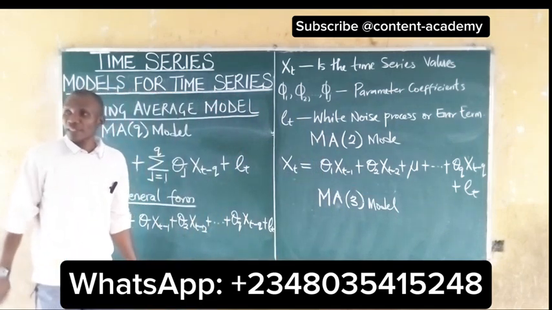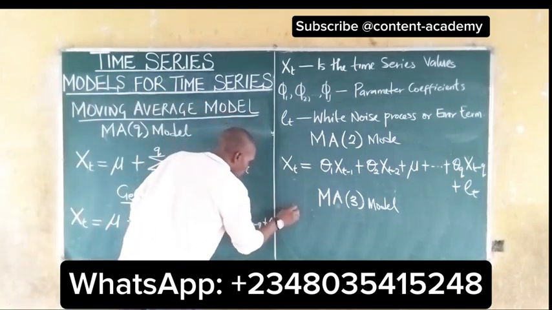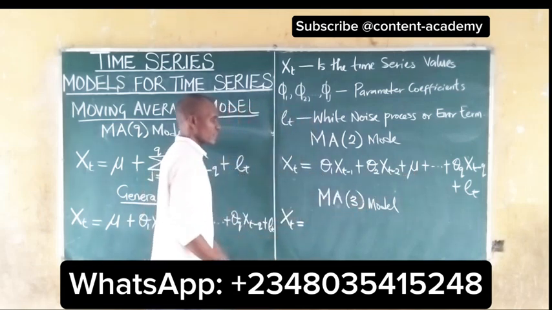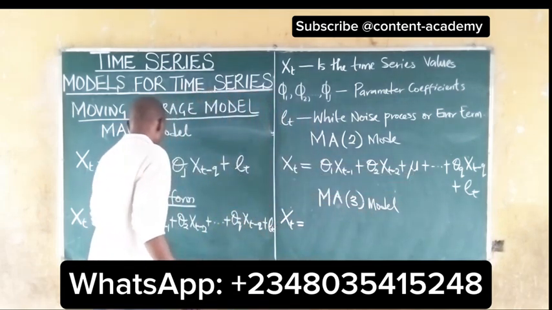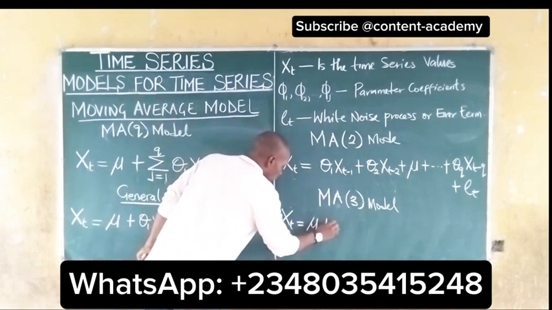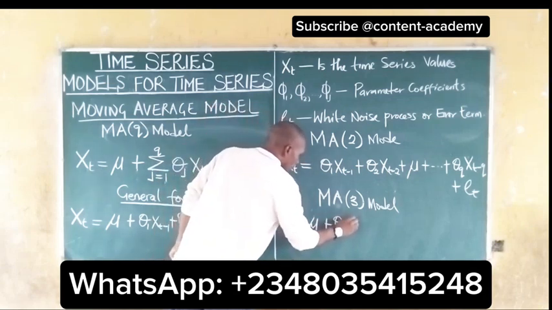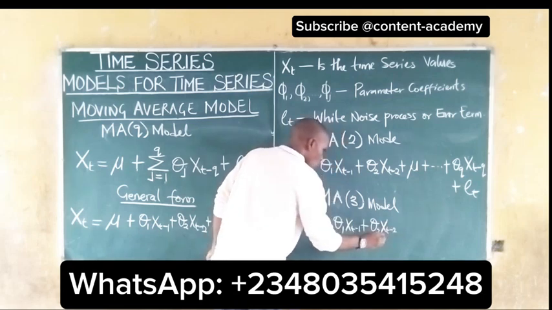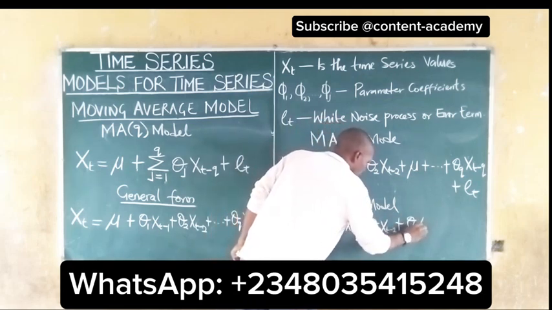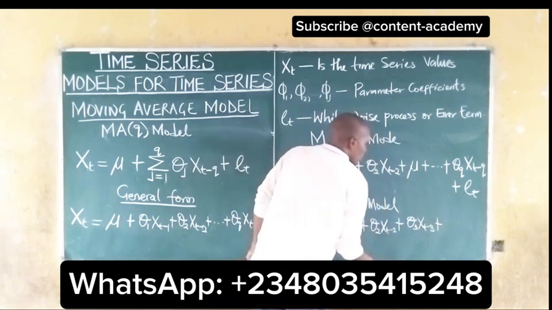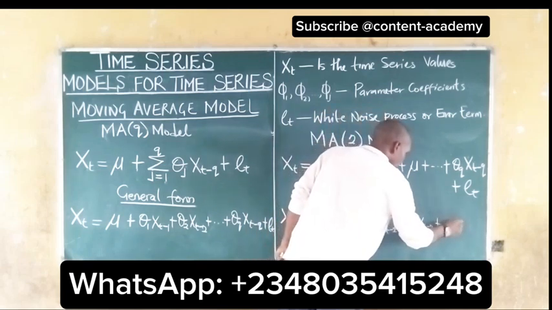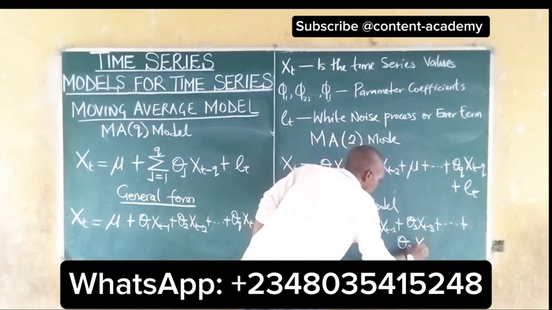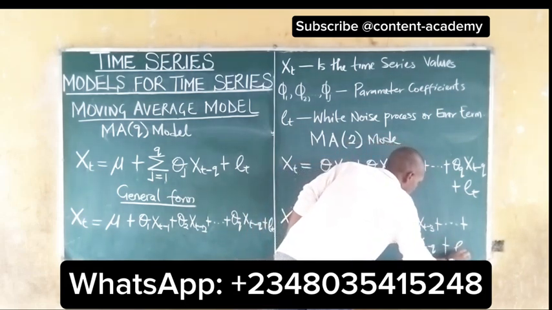We can write it as xt equal to, the mean can also come first, yes, so we have mu plus theta 1 x t minus 1 plus theta 2 x t minus 2 plus theta 3 x t minus 3 plus, we continue like this, plus theta q x t minus q plus et.